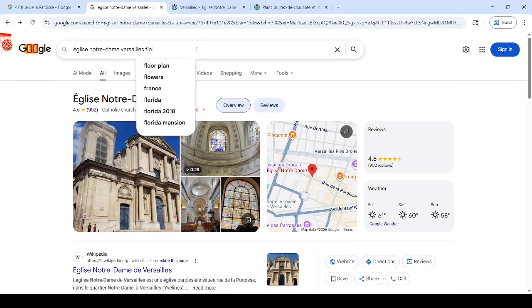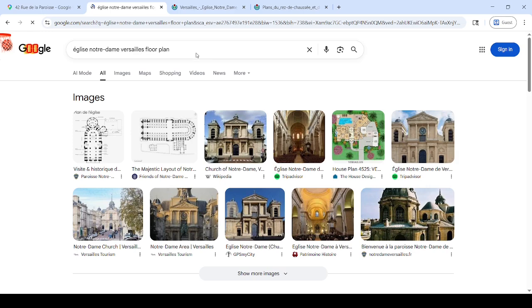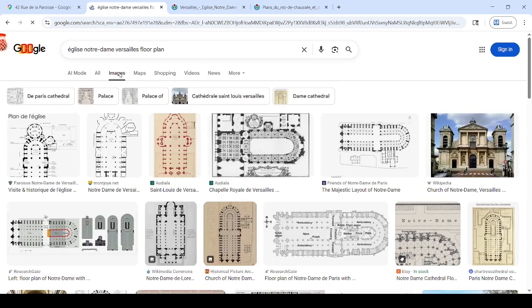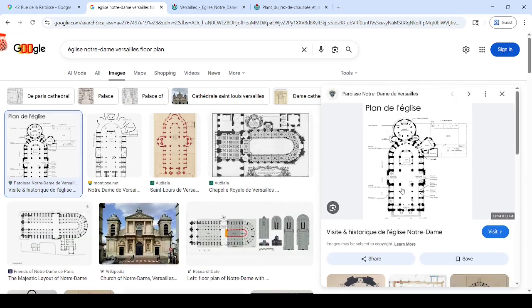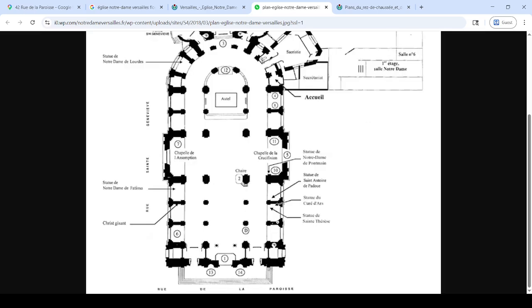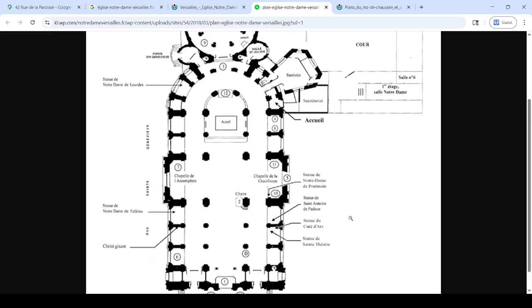Now let's see if we can get a floor plan. Here we go. This is the same church. And if we take a look at this, we have a nice floor plan, so we can try to figure out or estimate the width of the windows, the width of the nave and the transept.